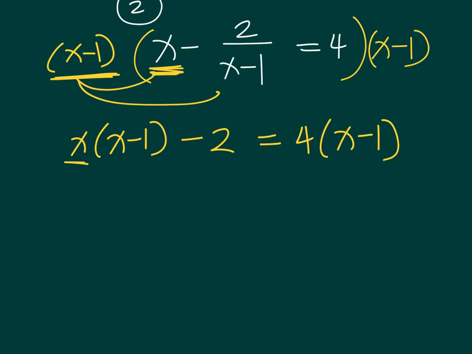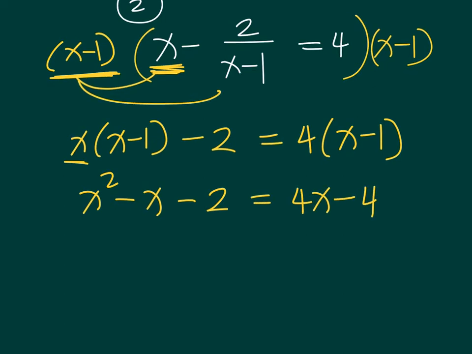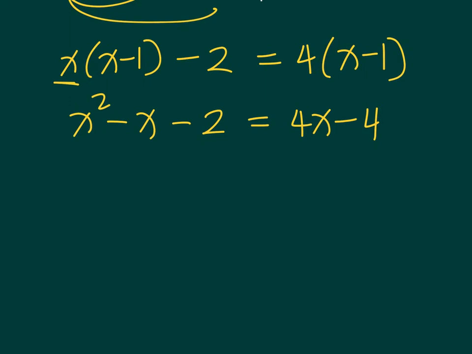Then just continue, simplify: x squared minus x, then minus 2 equals 4x minus 4. Make one side equal to 0 so that it will be in the form of ax squared plus bx plus c equal to 0. So this is x squared minus x minus 2. You can subtract 4x and you can add 4 on both sides.